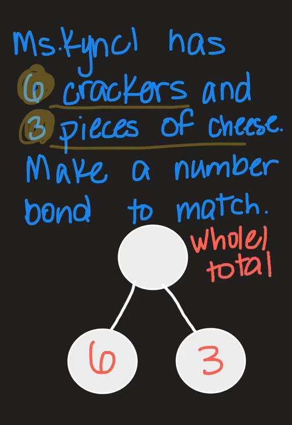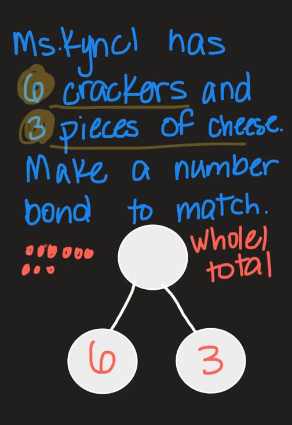Okay, one thing you can do, you can draw a picture. So I can come over here and just do 6 little dots. 1, 2, 3, 4, 5, 6. And then I can put 3 on the bottom. 1, 2, 3. Now all we have to do is we just have to count them, right?